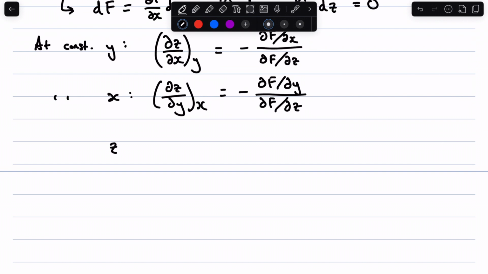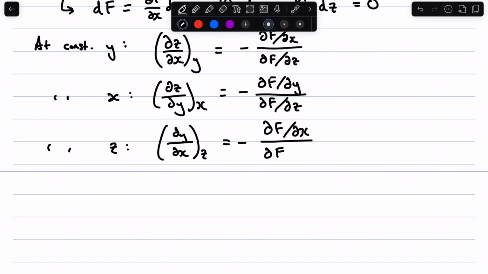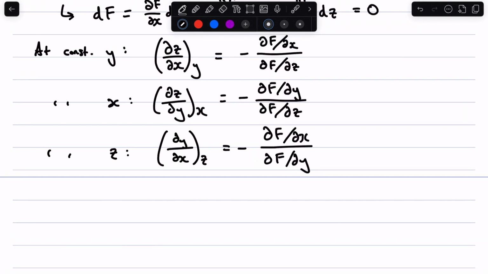And then finally, for z, we'd have partial dy by dx at constant z is equal to minus partial dF by dx, and this is the same as we had before, over partial dF by dy. So we can find three equations for different gradients, and it will be dependent on which variable we're keeping constant for that.